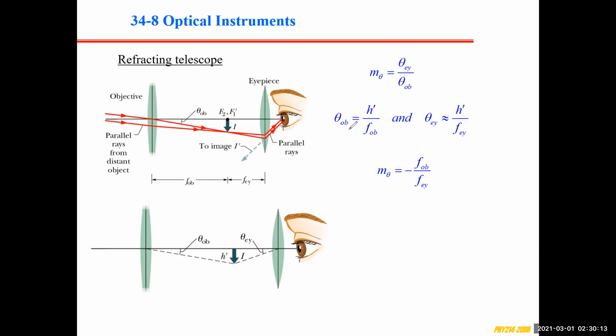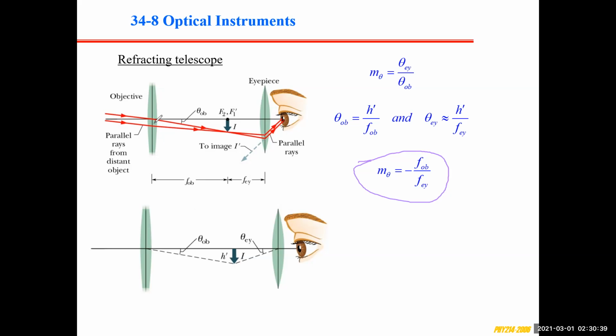For the magnification, it follows a simple equation: the ratio of the focal length of the objective to the focal length of the eyepiece. So this is basically how it works.